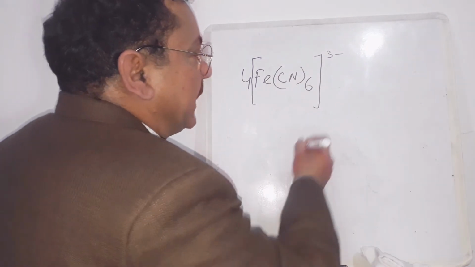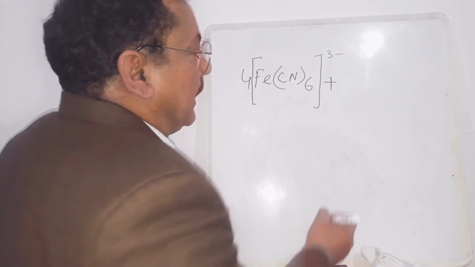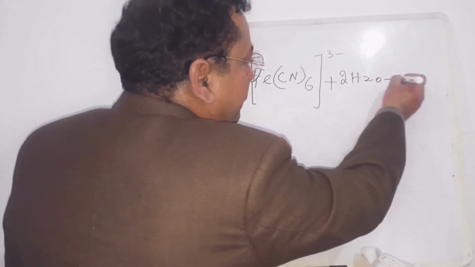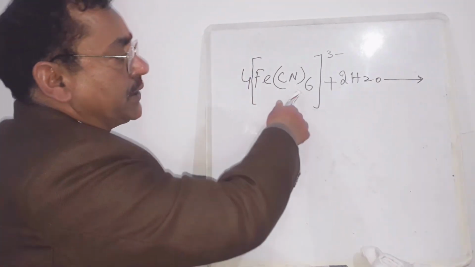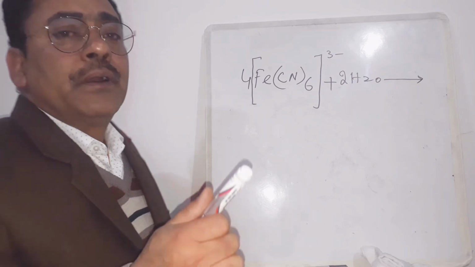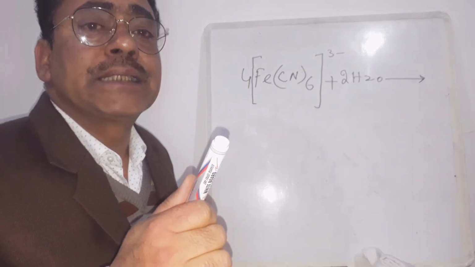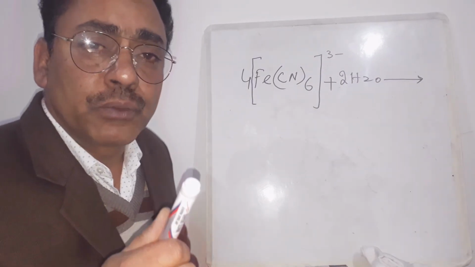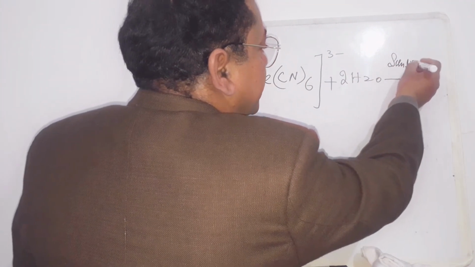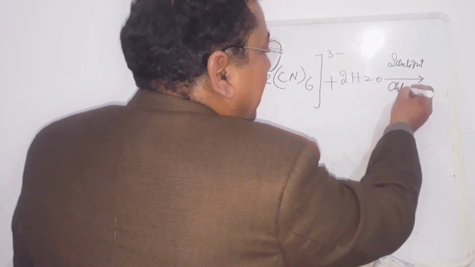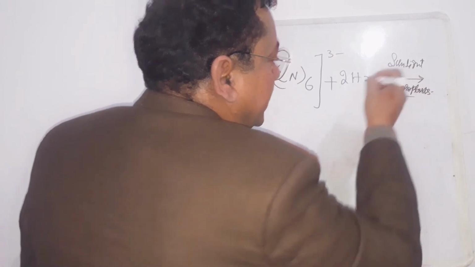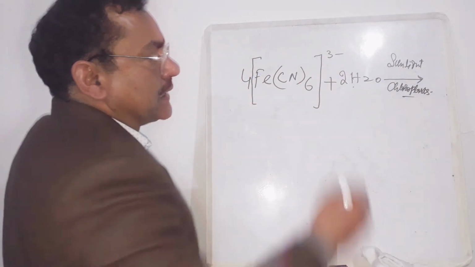This is ferricyanide, and we will take twice H2O. This reaction is occurring inside the beaker and inside isolated chloroplasts in the presence of sunlight. Isolated chloroplasts suspended in water.